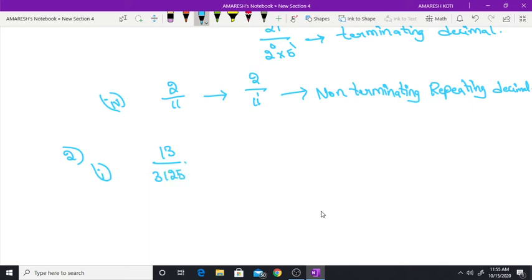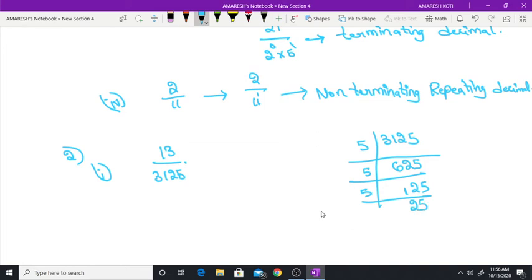13 by 3125. So let's see whether 3125 is in the form of 2 power m into 5 power n or not. Do prime factorization. 5 6s are 30, 5 2s are 10, 5 5s are 25, 5 1s are 5.